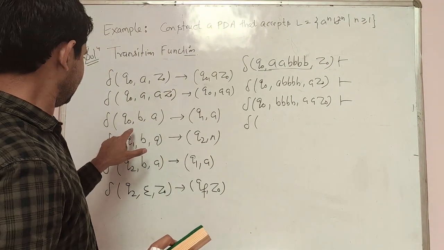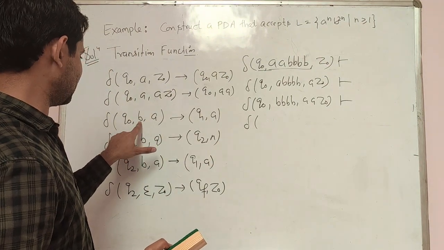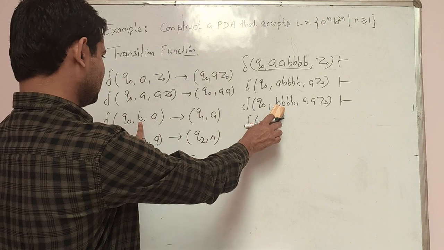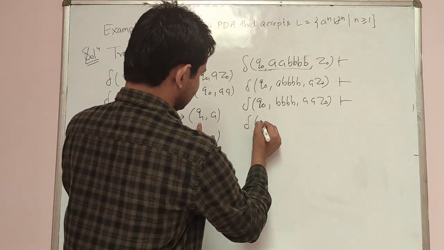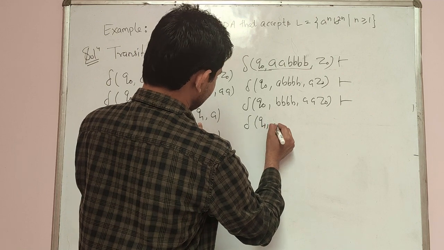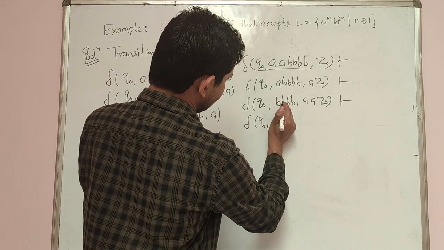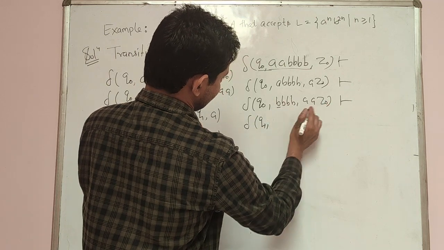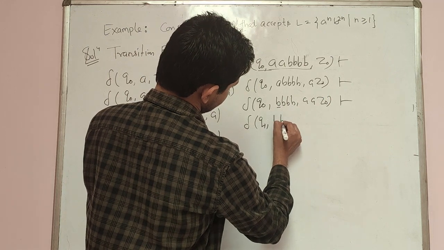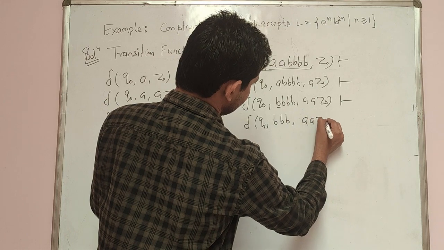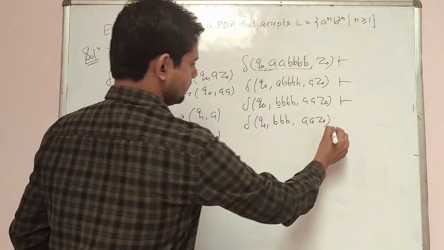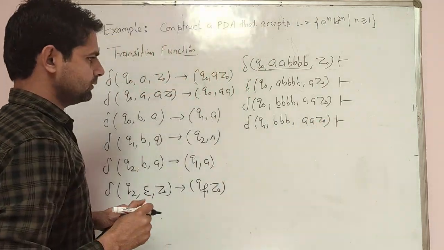Now we are on Q naught state, the input symbol is B, and the stack top is A. Then we move to another state, Q1, and we are not adding this B into the stack, so there is no change. We just read that B, and the stack is AA Z0.